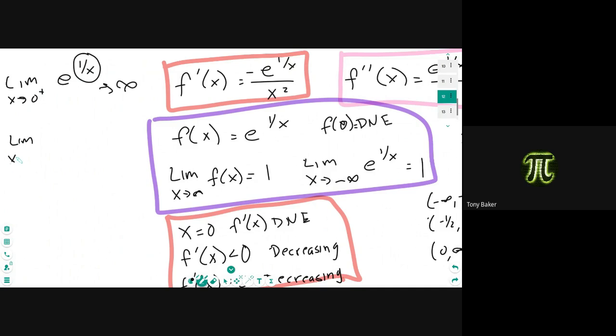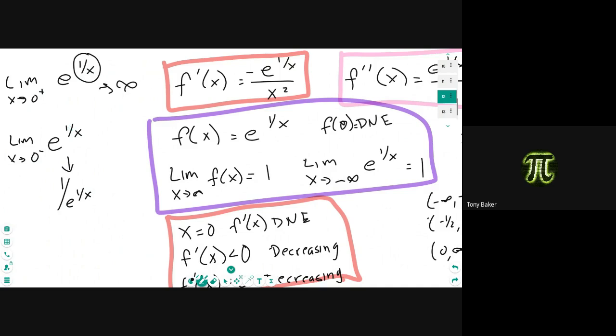Let's see what's happening as it's coming from the other direction. So now we have a negative exponent, correct? So really, this is the same thing as saying 1 over e to the 1 over x. If the exponent's negative, that means it goes in the denominator, right?